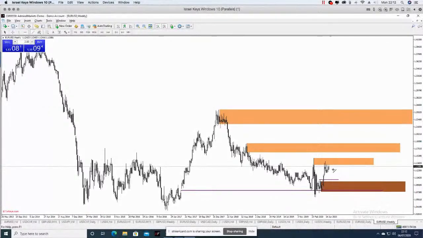And so I think we're due a trip down into that order block. I think that's the first order of business. And then once that has been completed, then we should see a rally to that level.